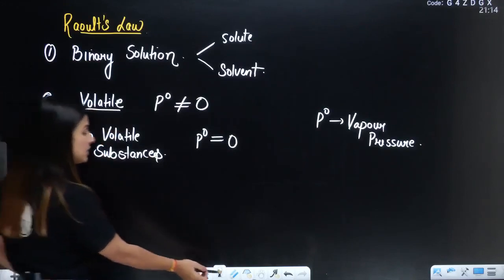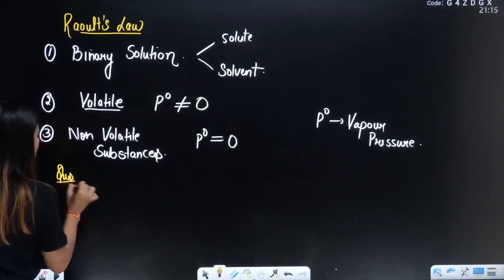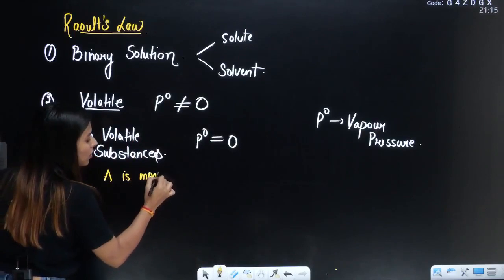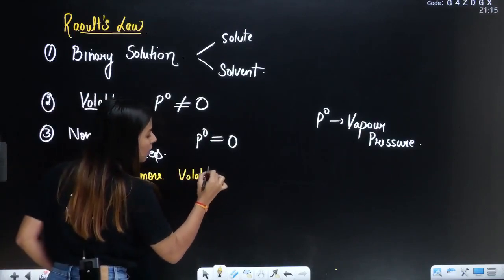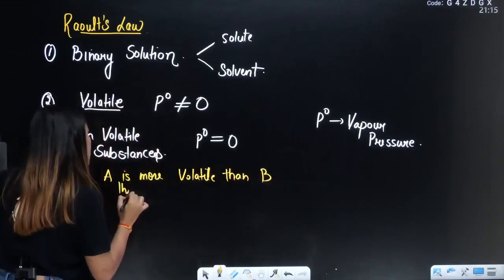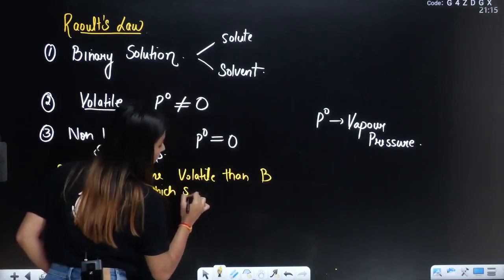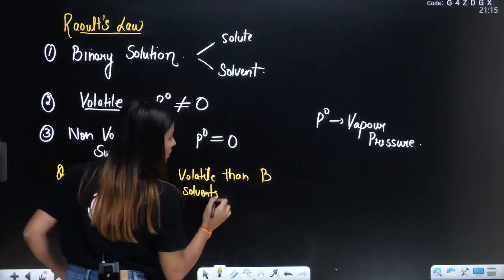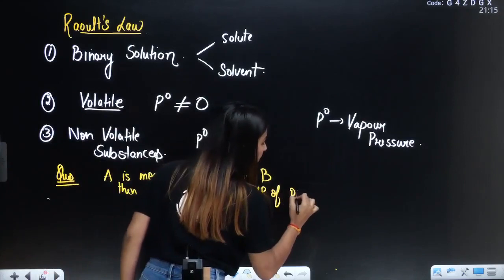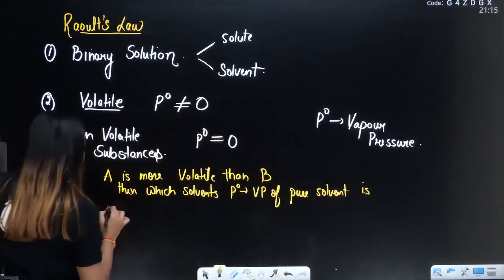Now, my dear students, if I ask you a question, let's say I say that A is more volatile than B, then which solvent's P naught, that is the vapor pressure of pure solvent, is higher?